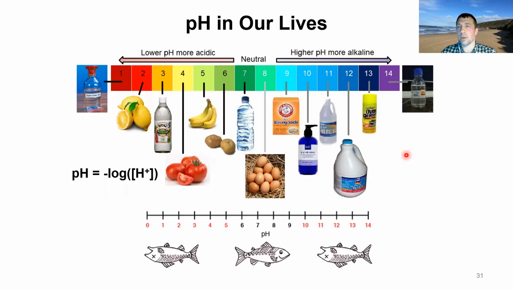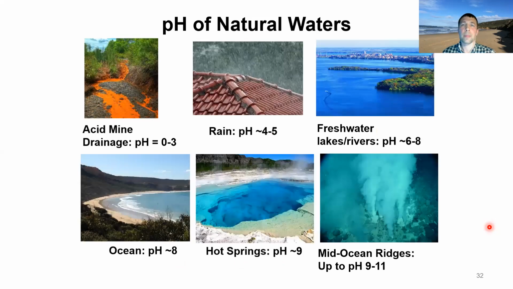So the pH of water needs to be within this mid-range. We call this circumneutral pH because neutral pH is right in the middle of the scale at pH 7. And if you're too high or too low, that causes issues for aquatic organisms.